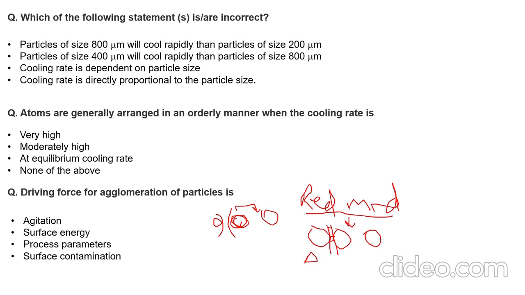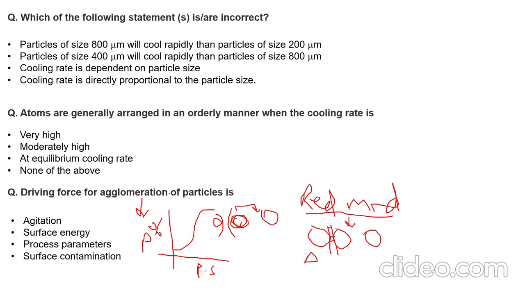For such particles where agglomeration takes place, it will not give us the right characterization. Why? For example, if you take particles which are agglomerated and try to draw their particle size distribution curve, where you determine the particle size of the whole material by cumulative passing, you will get a wrong particle size distribution because there are agglomerates forming in the material.